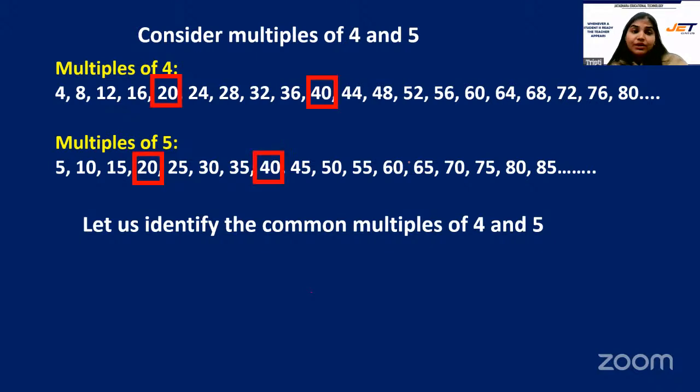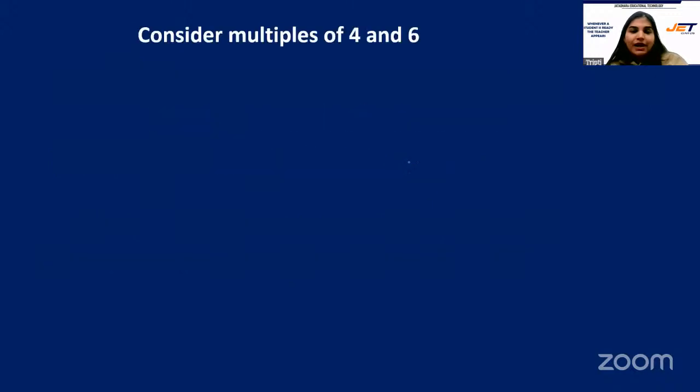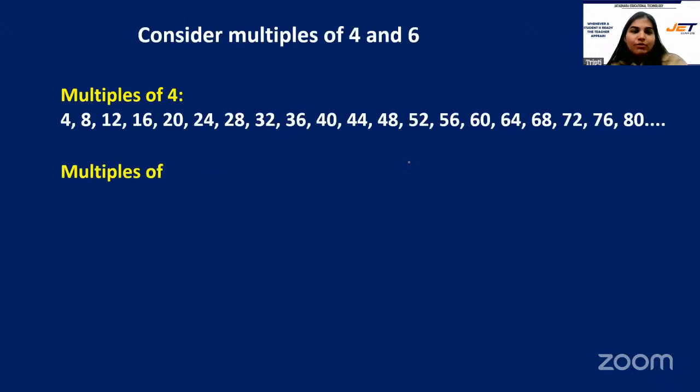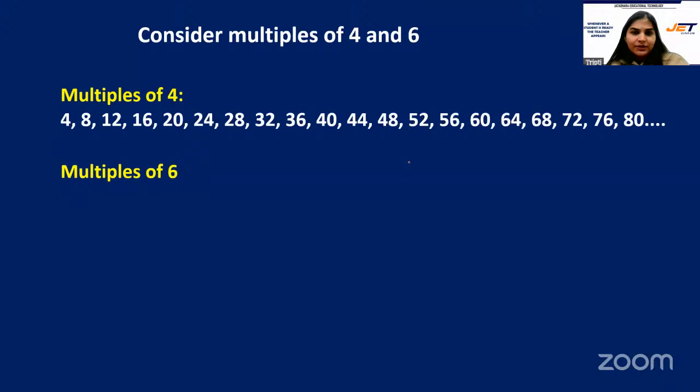Common means the same. 20, 40, 60, 80, these are all the common multiples of 4 and 5. Okay? Now, 4 and 6, let's see the common multiples of 4 and 6. So you will straight away write the multiples of 4 and the multiples of 6, right? And then what will happen? You just need to find what are the common multiples.